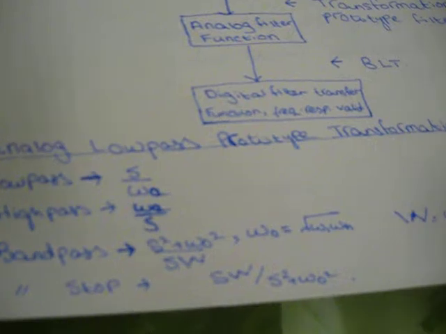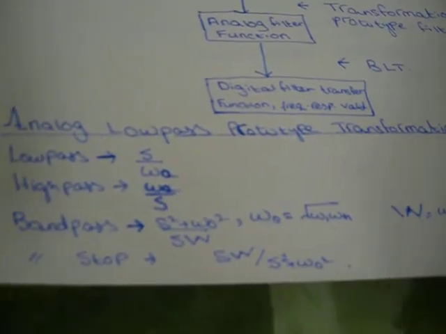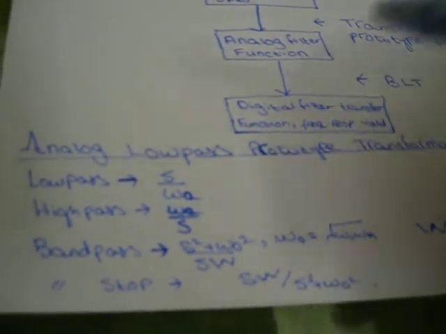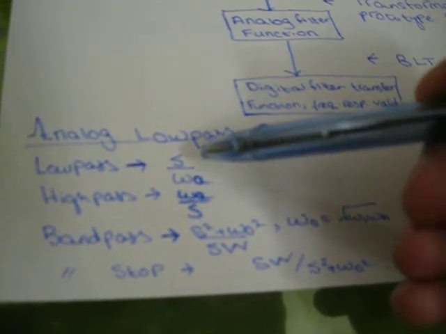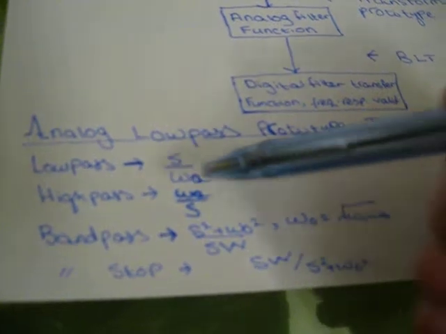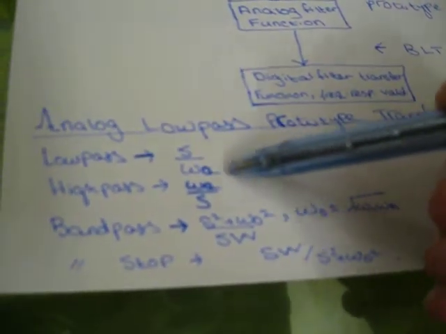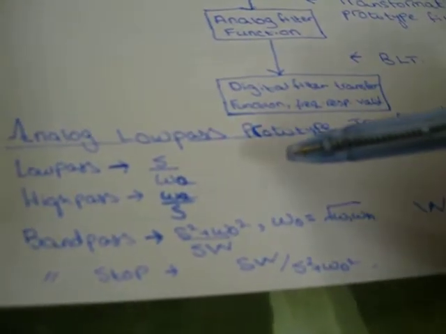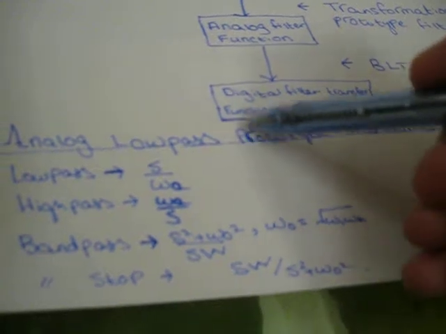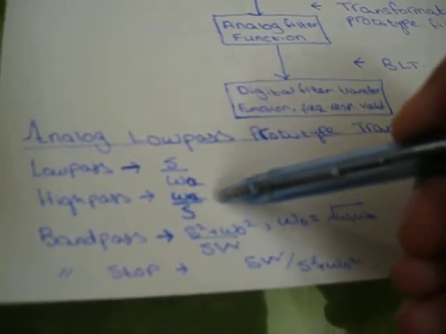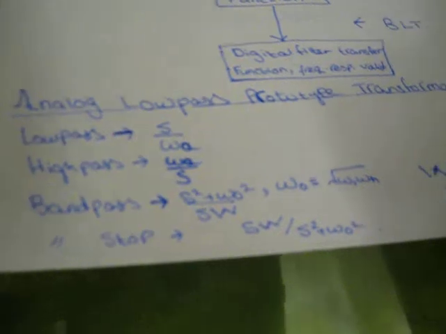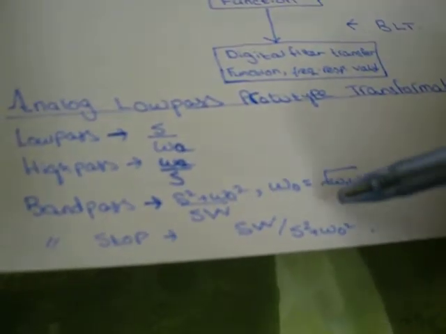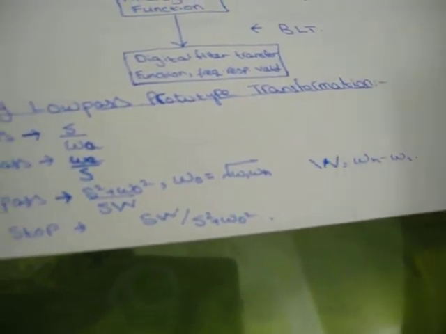Now, analog low pass prototype transformation. If we are given an analog low pass prototype filter and we are asked to design a low pass digital filter, we have to replace S with S over omega A. Similarly, for high pass we have to replace the analog low pass prototype, meaning HP of S, where S will be replaced with omega A by S. In band pass we have to replace S by (S squared plus omega naught squared) over (W times S), where omega naught equals the square root of the product of omega low and omega high, and capital W is the bandwidth, omega high minus omega low.